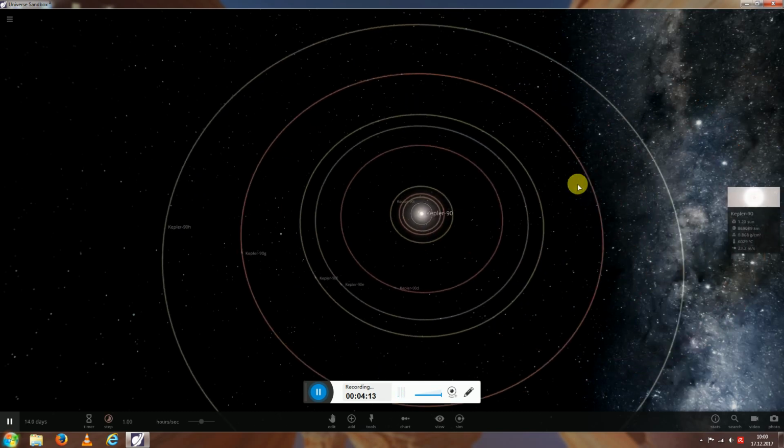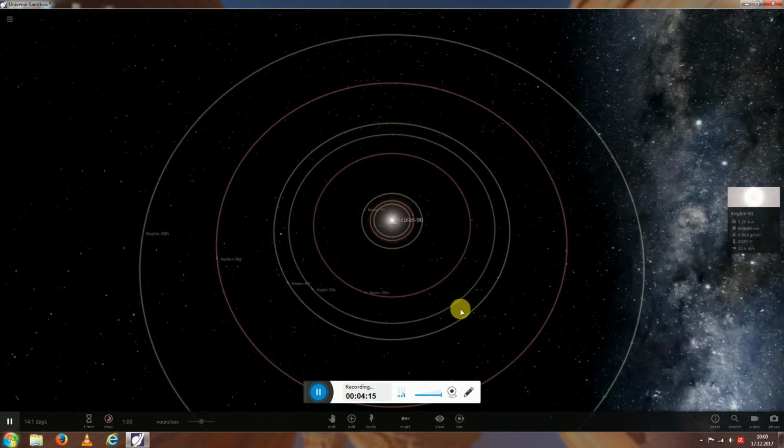Now, the way astronomers do this is if they discover a planet around a star, it's named after the star that it orbits. In this case, they're all named Kepler 90.